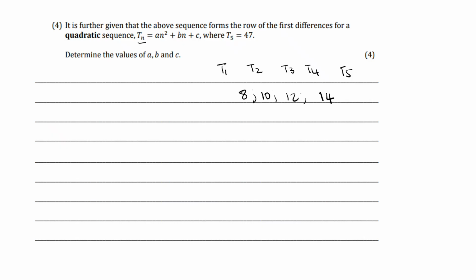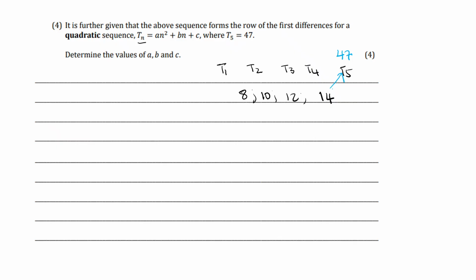I'm given T5 to be 47. Let me write my T5. It's given as 47. Okay, so remember how did we get that 47? We added 14 to get T5.